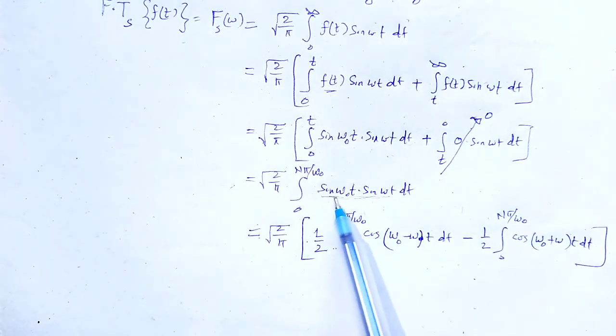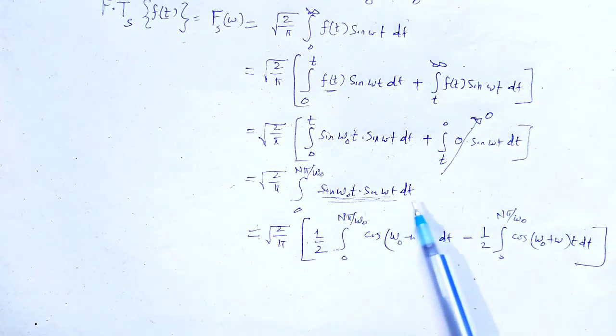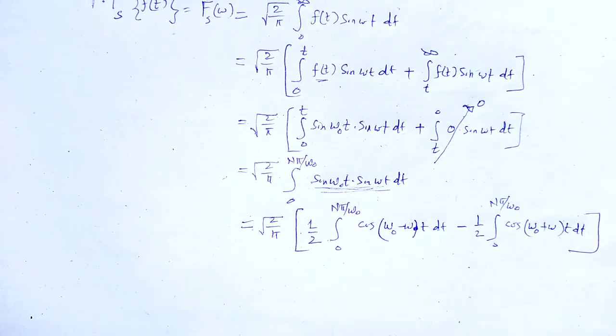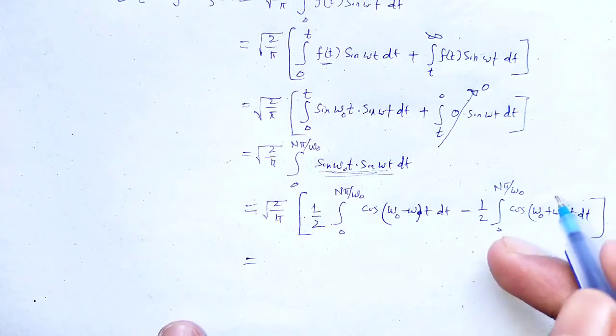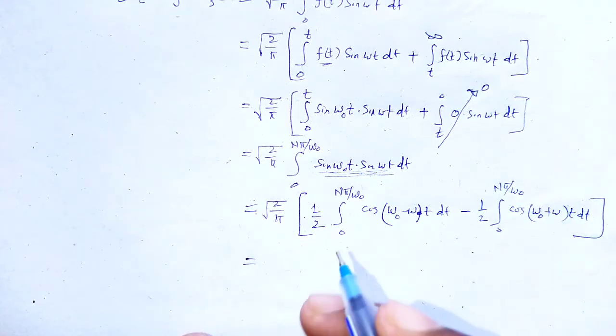Use the trigonometric rule, sin A into sin B formula. These two integrals are now evaluated by taking the upper limit and lower limit.